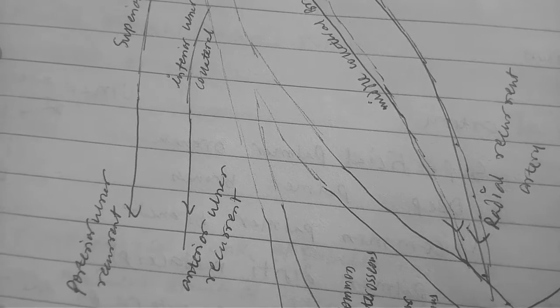The great thing about the superior ulnar collateral and inferior ulnar collateral arteries is they run in parallel planes.